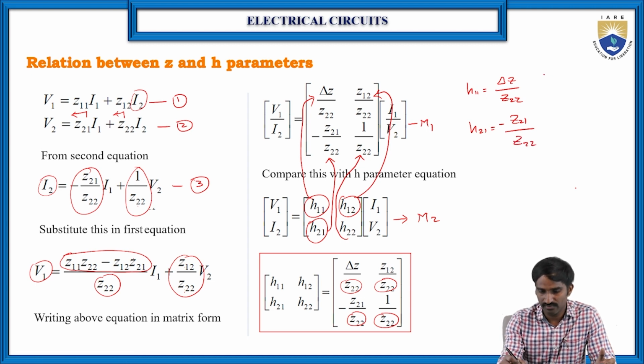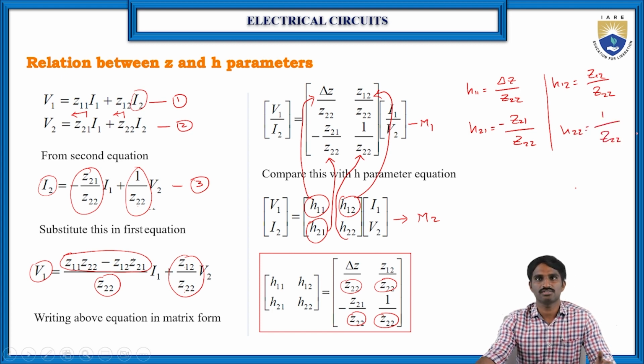In the same way, the other two parameters: H12 is equal to Z12 by Z22, and H22 is equal to 1 by Z22. So this is the relation between the H parameters and Z parameters.